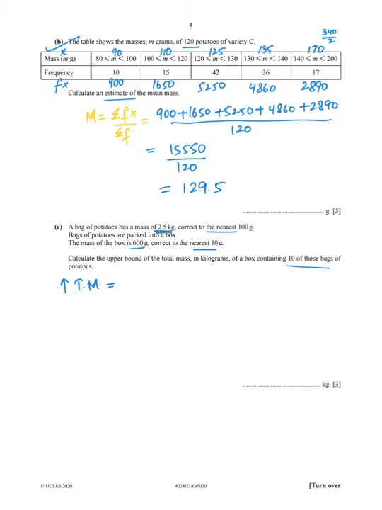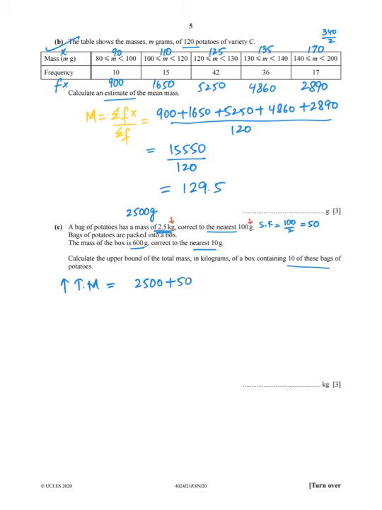We have a unit conversion here because it says kg and we have grams. Since all the other units are in grams, 2.5 kg equals 2500 grams. The scale factor is 100 divided by 2, which is 50. So the upper bound for the mass of potatoes is 2500 plus 50.